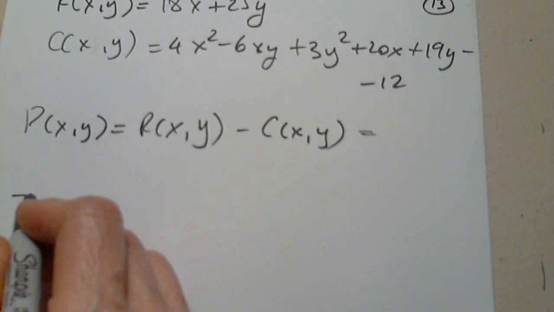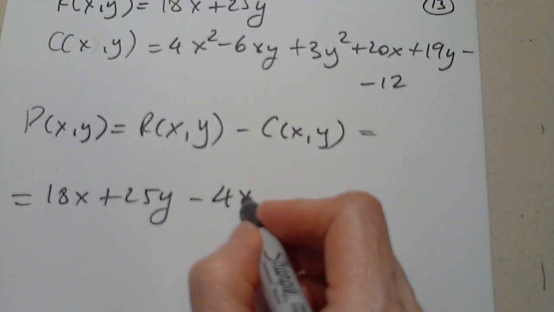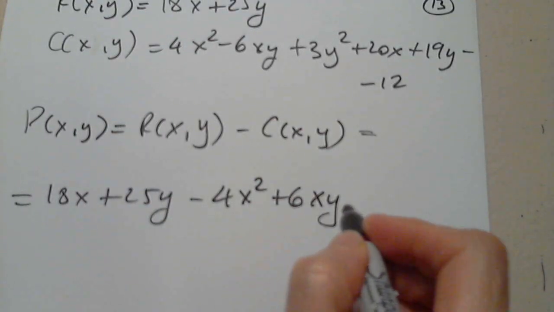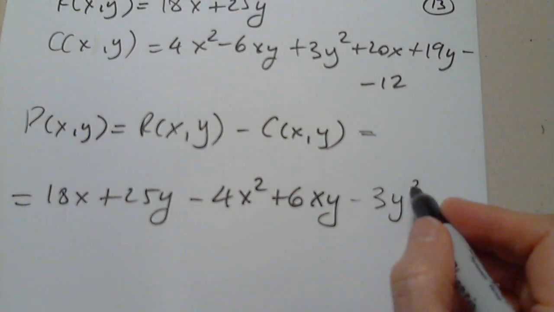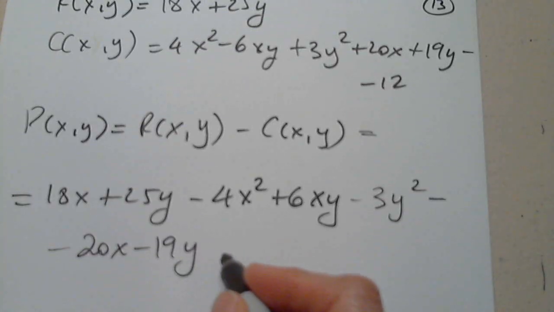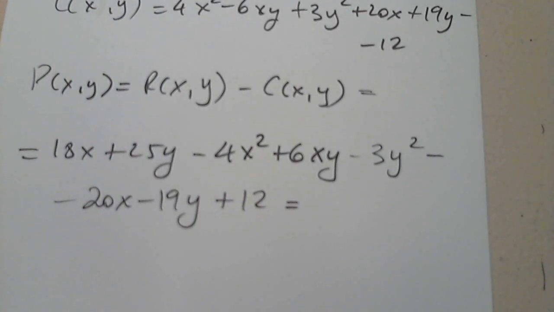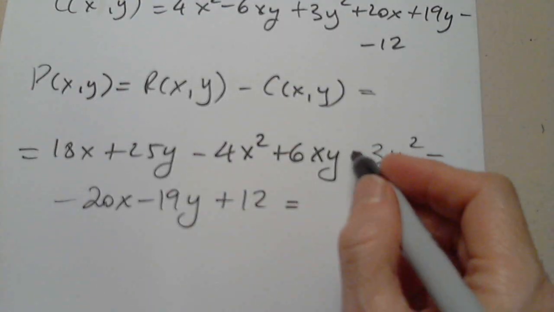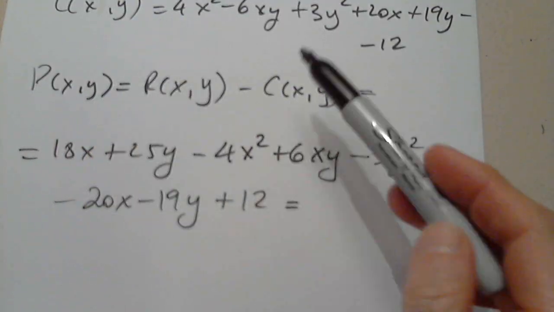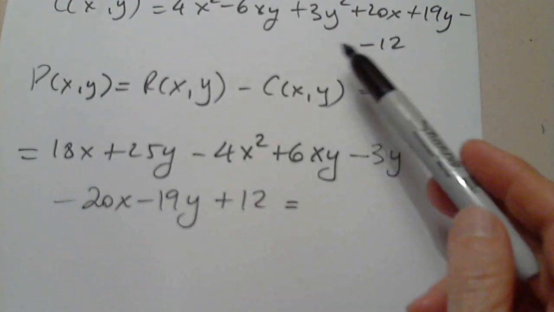So 18x plus 25y minus 4x squared plus 6xy minus 3y squared minus 20x minus 19y plus 12. Again, minus and then plus and then minus and then minus and then minus and then plus.